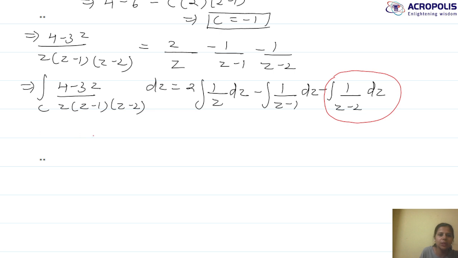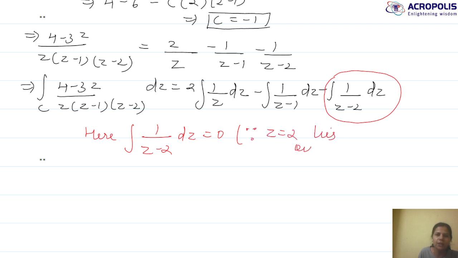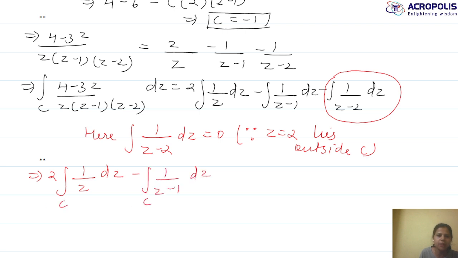So here the integral of 1 upon z minus 2 dz equals 0, since z equals 2 lies outside C, as we checked previously. Now for the remaining part, that is 2 times the integral of 1 by z dz minus the integral of 1 upon z minus 1 dz along C.